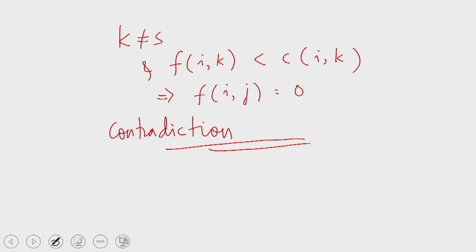That is, once you assume that there is an augmenting path in the flow network, there is a contradiction, which means there is no augmenting path. And if there is no augmenting path, then f is the max flow.